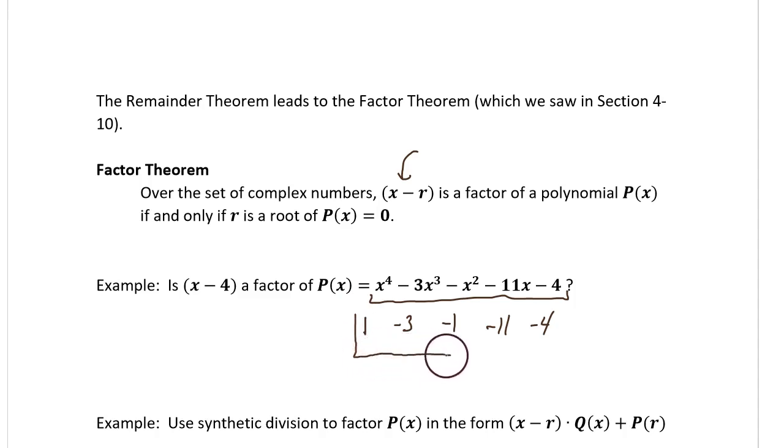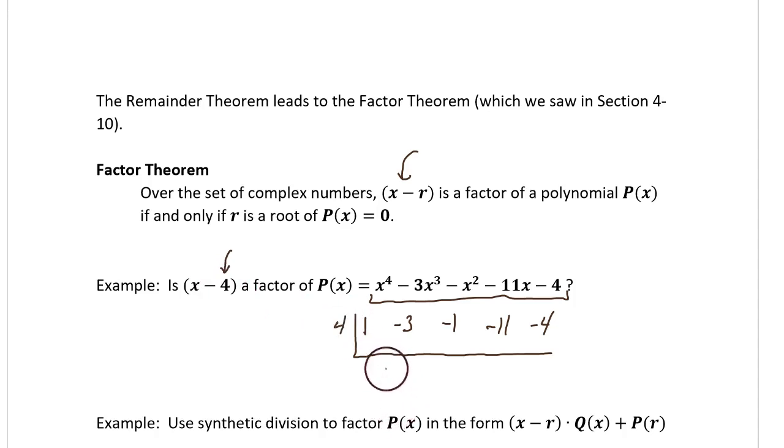Then make the synthetic division bracket. Now what number are we going to divide in? It's this number here that comes after the minus sign. Another way to think of it is you're going to divide in whatever value of x makes this binomial equal to 0. So like, what minus 4 makes 0? That would be a 4.